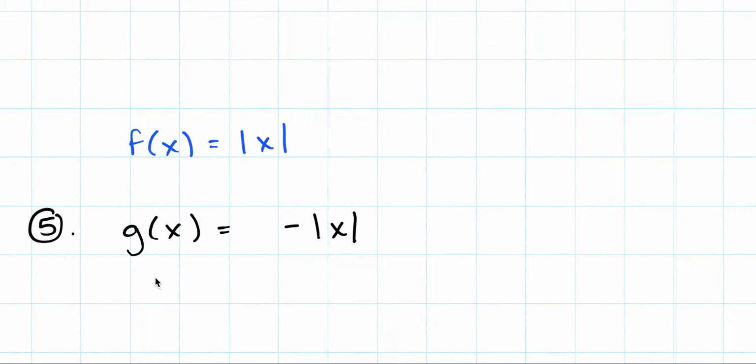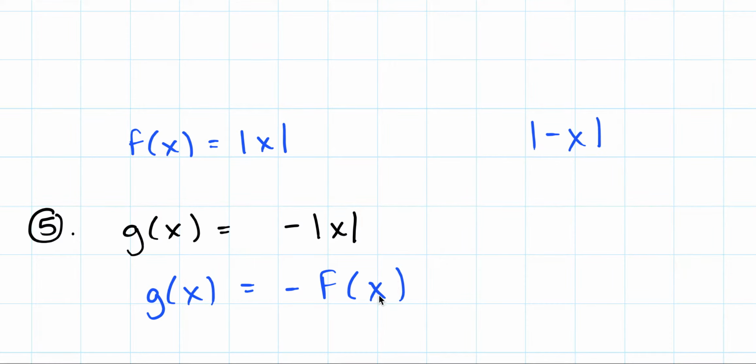This function g is negative f of x. Now compare this to the other one where I had the absolute value of negative x. We plugged negative x on the inside. Here we're putting the negative on the outside.